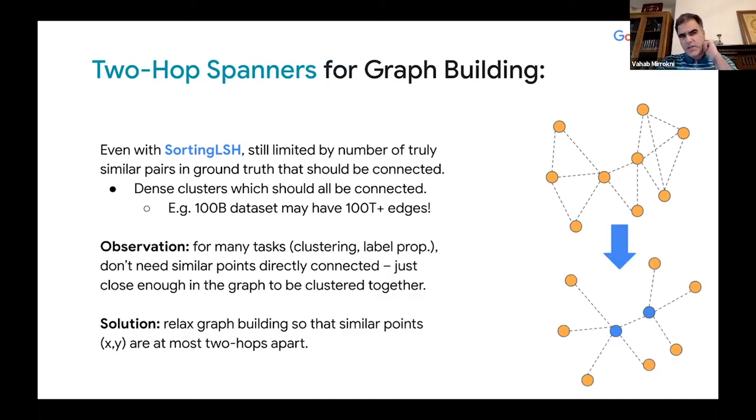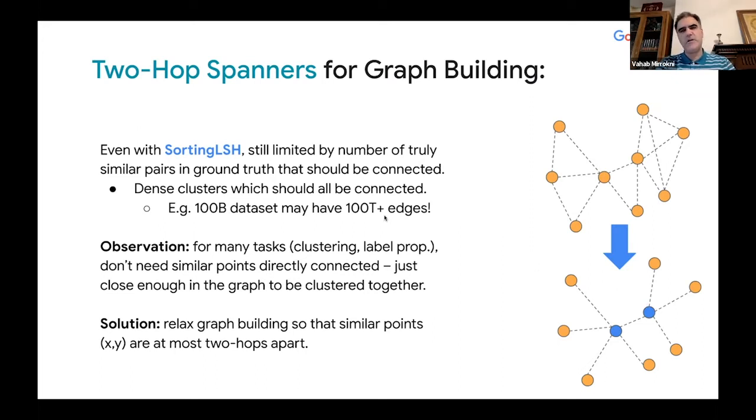What we observe is that for many tasks that we build these graphs for, for example clustering and label propagation and so on, we don't have to construct the graph itself. Maybe we can build a two-hop spanner version of the graph.